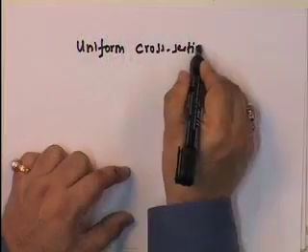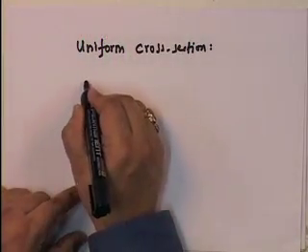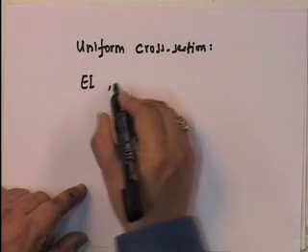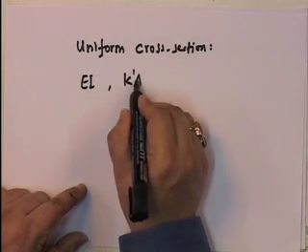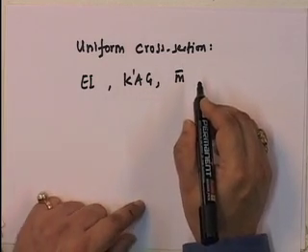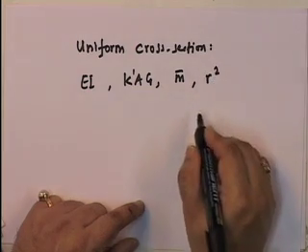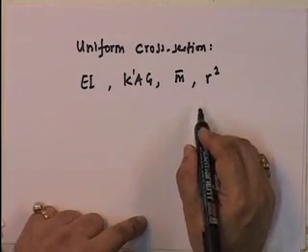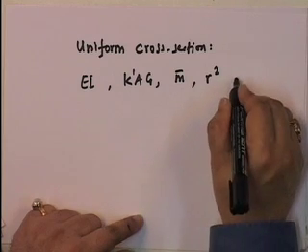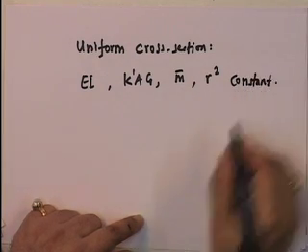I can actually derive it in another way, but suppose I take it to be uniform cross section, then EI, K prime A G, m bar r squared are all constant.